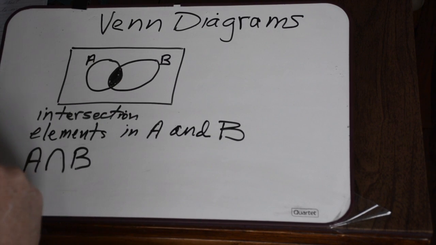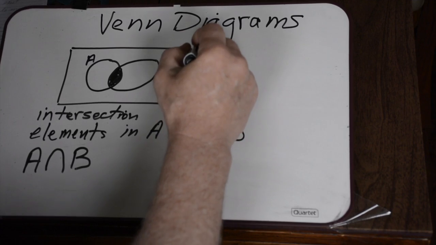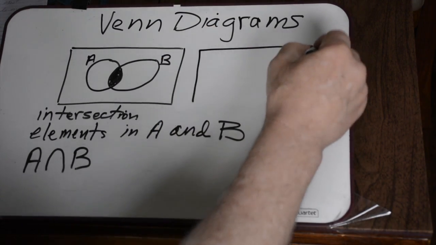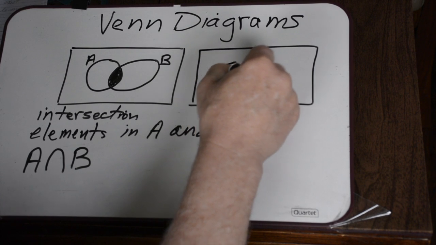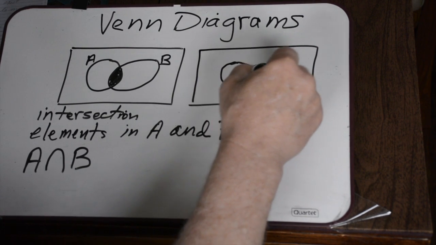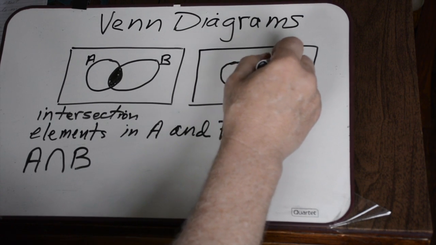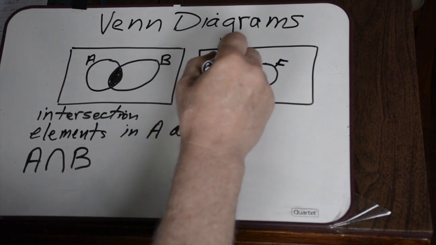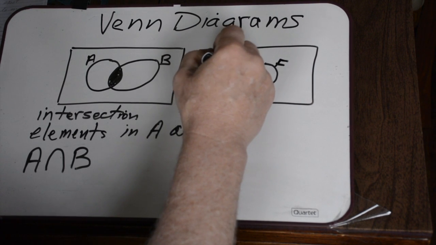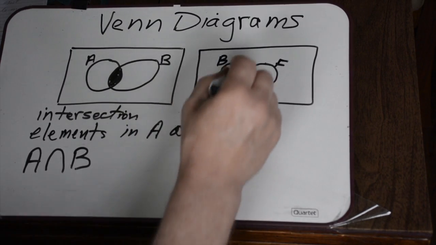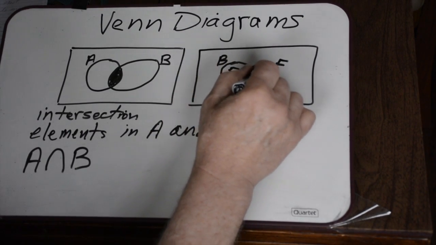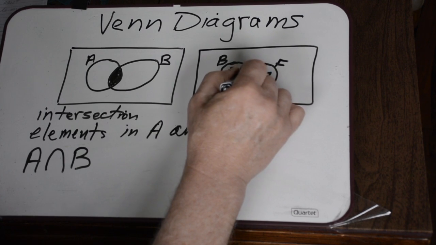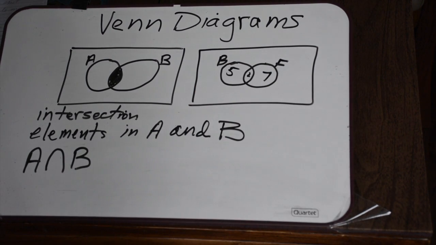What would that mean, for an example? Supposing I had my high school class, some of my students were on the football team, and some were on the basketball team, and some were on both. So I could have 5 in this group, 7 in this group, and 2 who did both.